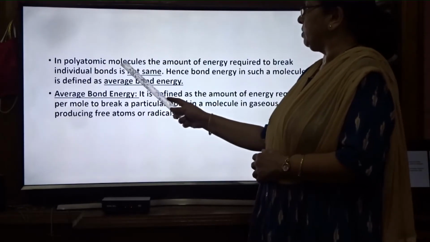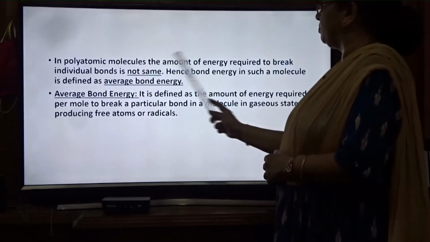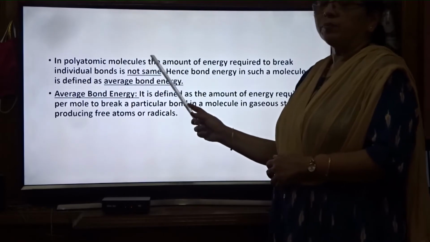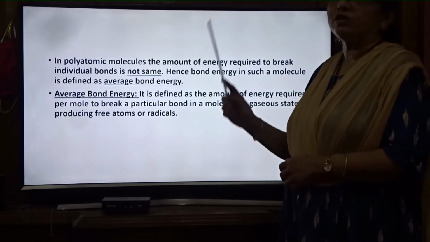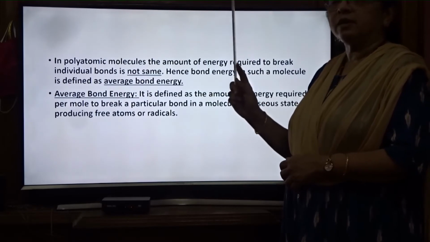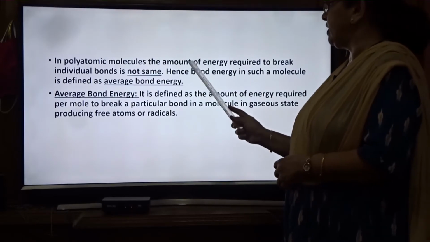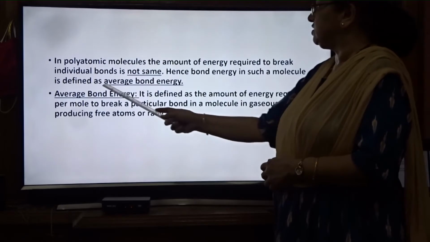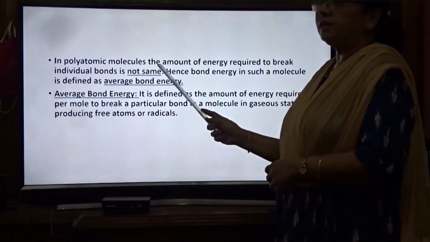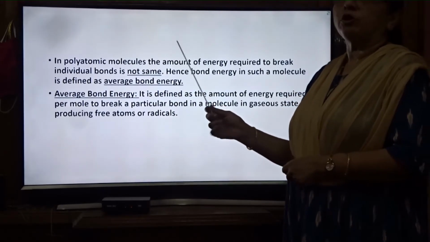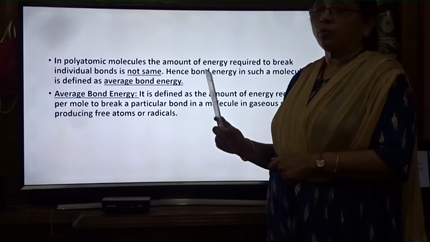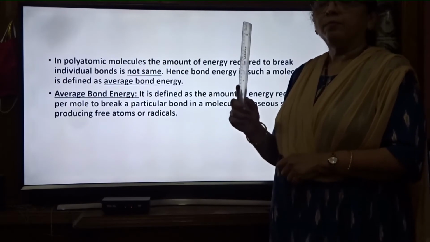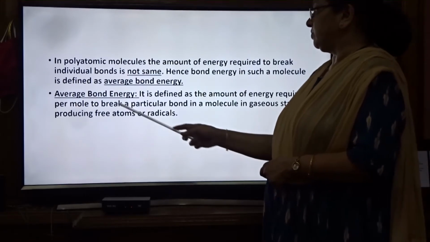In polyatomic molecules, the amount of energy required to break each individual bond is not the same. For CH4, there are 4 bonds, and when each bond breaks, the energy required is different. Hence bond energy in such molecules is defined as the average bond energy. In polyatomic molecules, we are not taking a single bond dissociation energy; we take the average of all the bond dissociation energies, and it becomes the average bond energy.